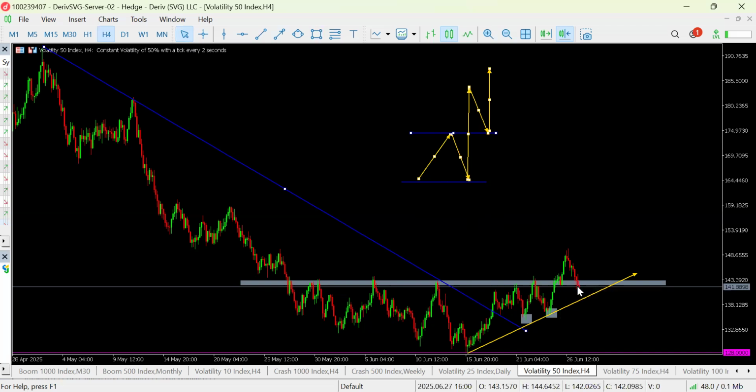Because the market makers also know that a lot of people are going to be trying to get trades in this zone, price can play here a bit, and then they make sure that price gets down to this trend line, and as a result would have taken out a lot of people who would have placed trades here or taking buy trades here, and their stop losses will be underneath the zone.